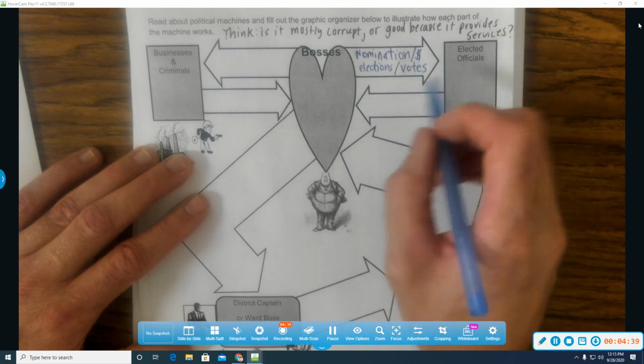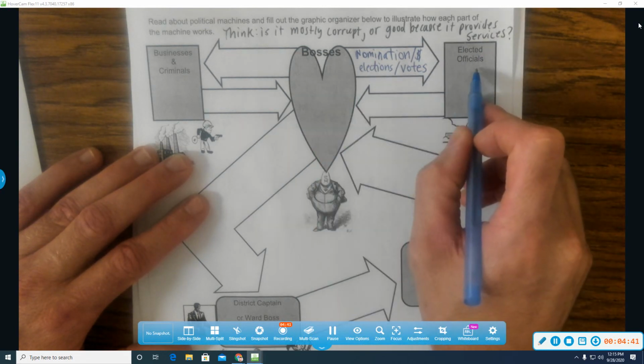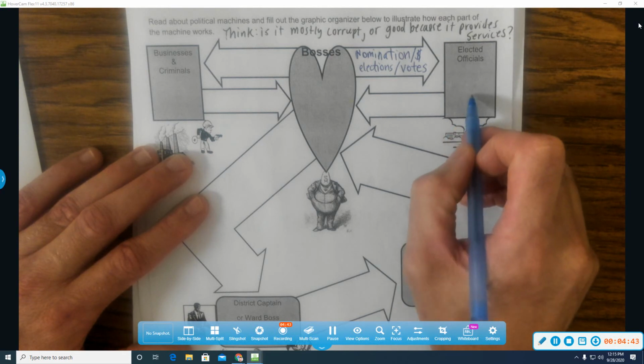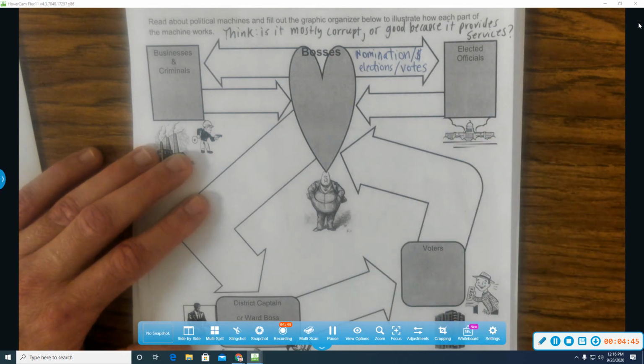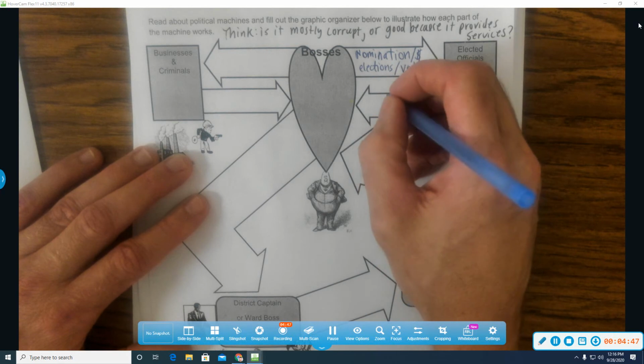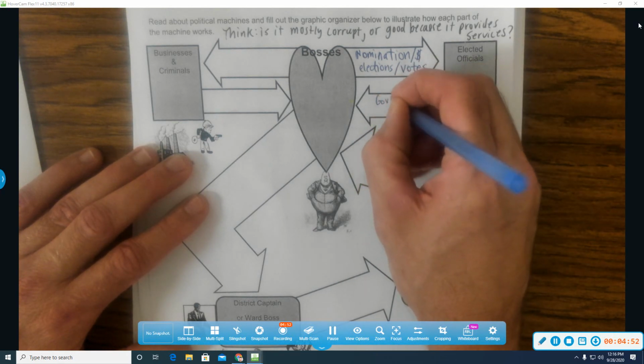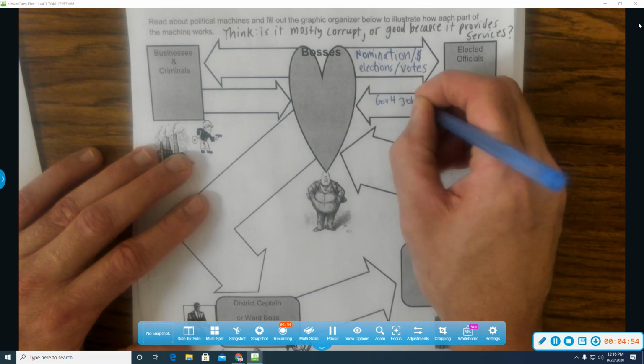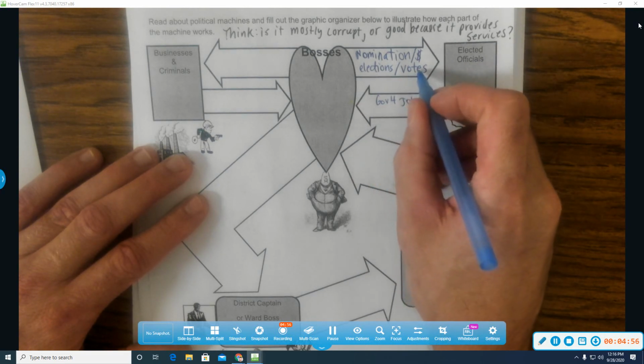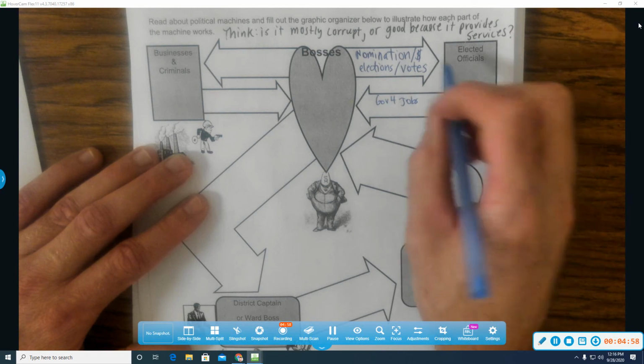What ends up happening is the boss gets this elected official voted in, and in return, the elected officials have to give government jobs, because these jobs are going to be given to the voters who are under the control of the boss.